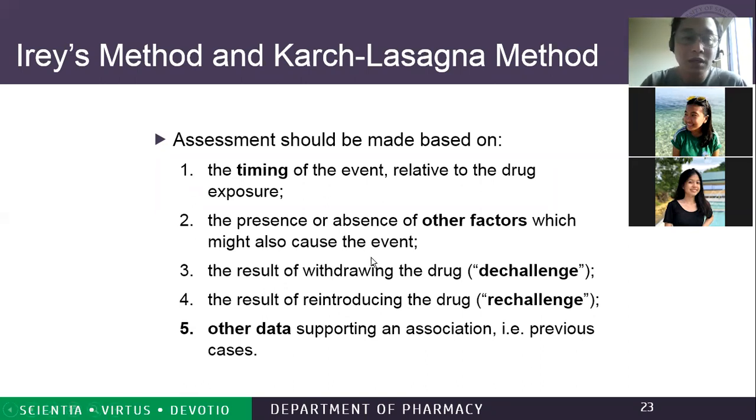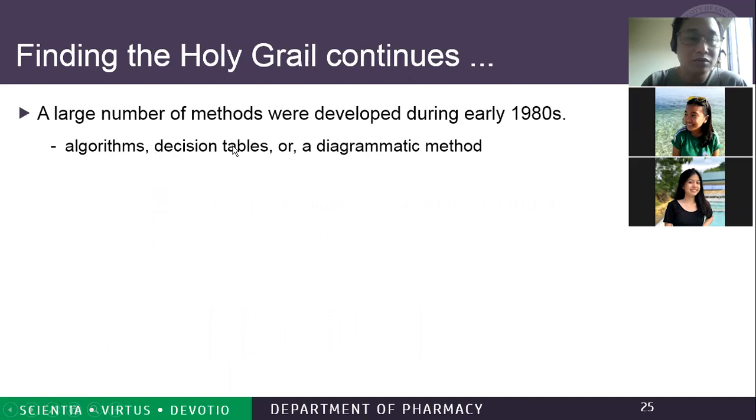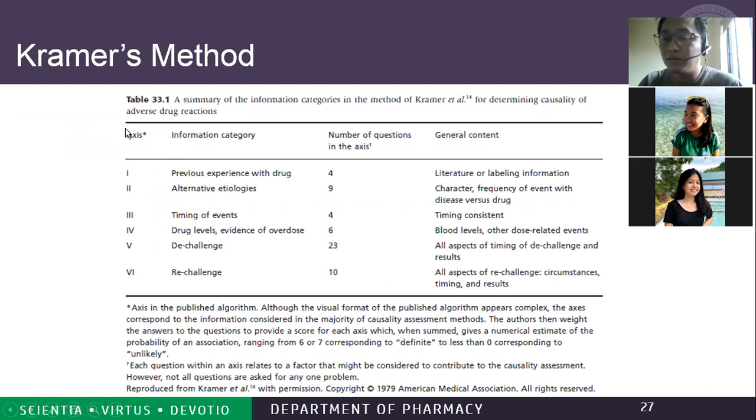There are also a lot more methods. I want to show you what is called Kramer's method. Kramer developed an algorithm method with six axes, based on what information will be gathered from the patients.